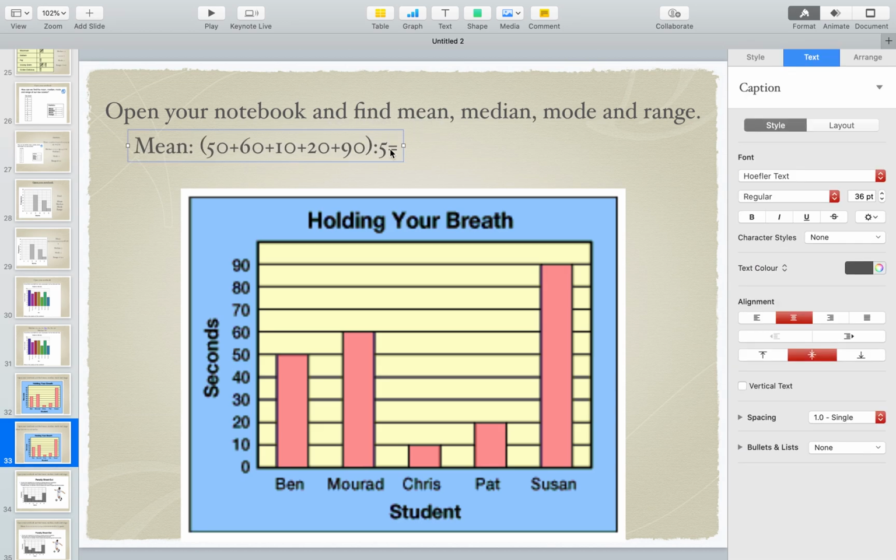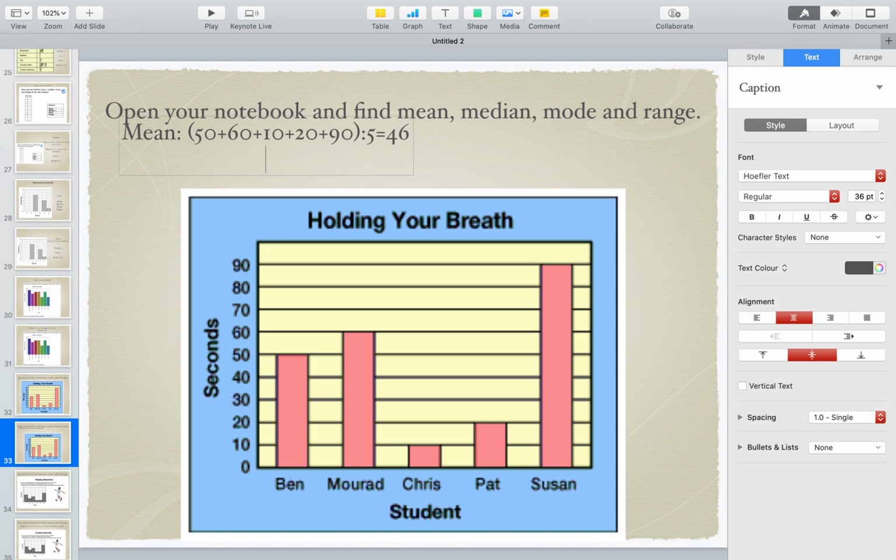Now this is your mean. Okay, so calculate the mean. So we have, let's see, let's do it quickly. So we have 110, 120, 140 plus 90 divided by 5. So it should be 46.